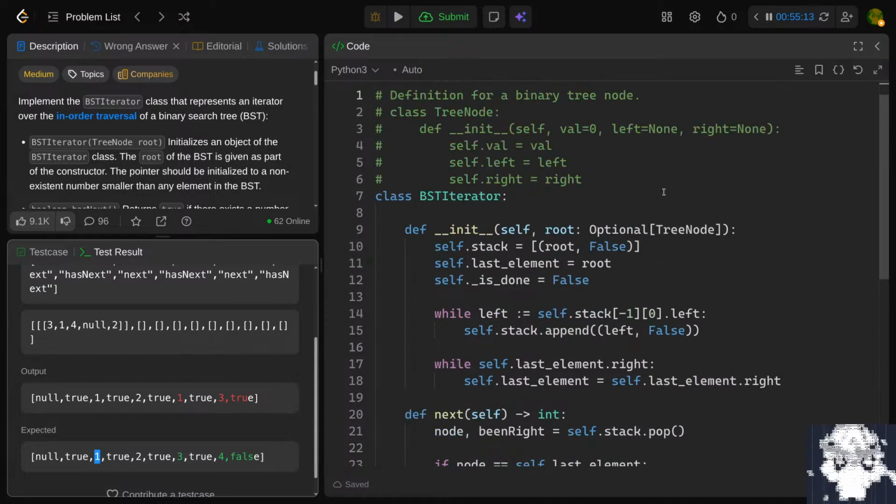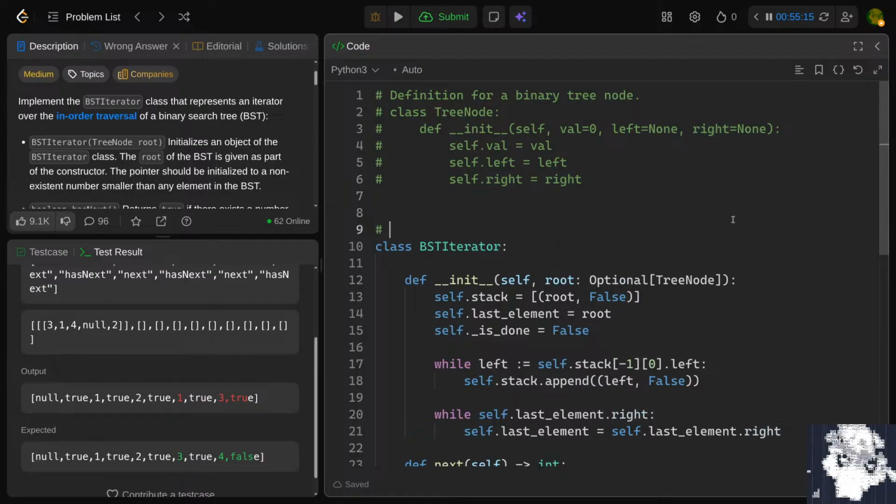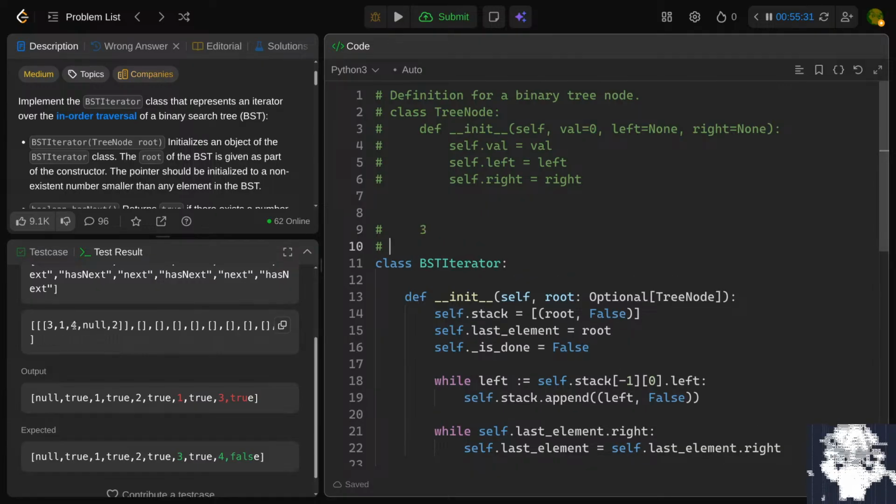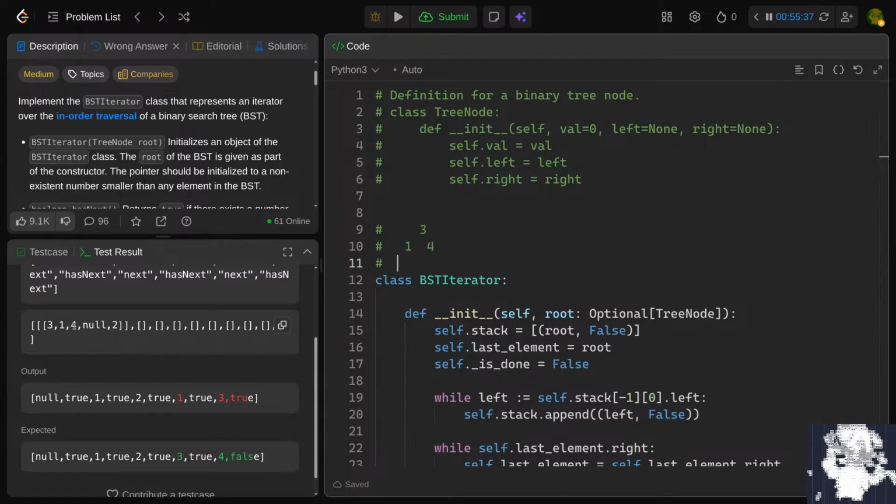So let's see if we can try to draw the tree. It's like 1 is the root, or no, 1 would not be the root. Wait, this is hard to do without the nulls. Is it something like this? 1 on this side, 4 on this side, nothing on this side, and then 2 on this side?